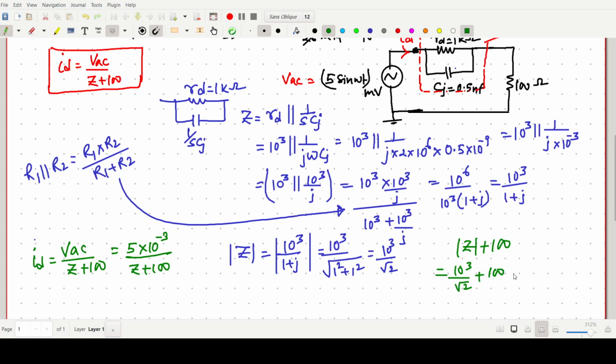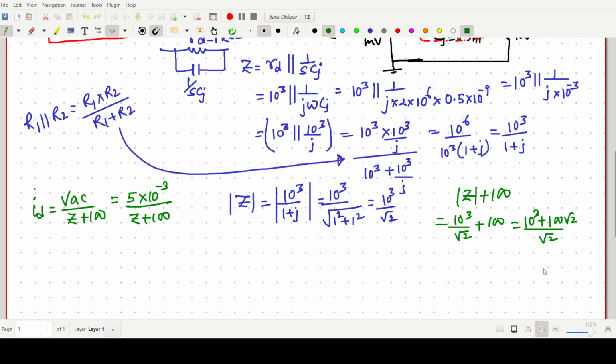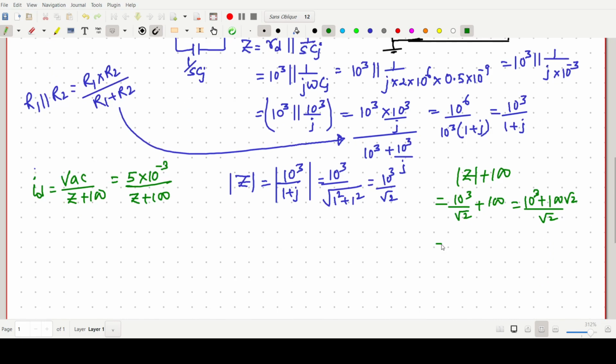So Z plus 100 is taking 10 to the power 3 plus 100 root 2 by root 2. Okay. So take 100 common. So it should be 10 plus root 2 by root 2. Okay. So it should be 10 plus 1.414 divided by 1.414.